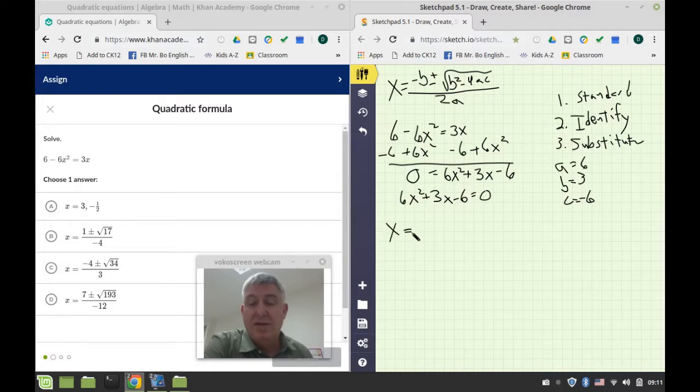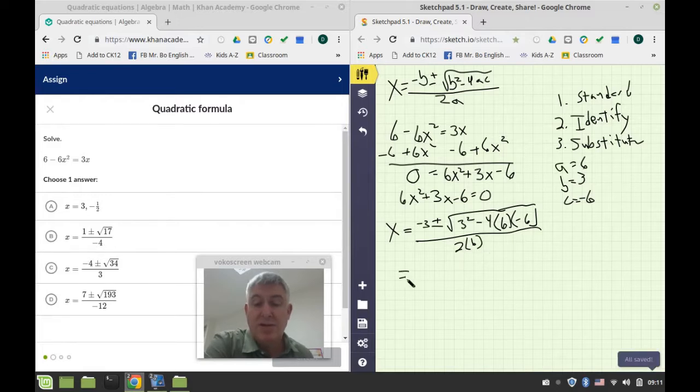We're going to have x equals -b, so -3 plus or minus the square root of 3 squared minus 4 times 6 times -6, all over 2 times 6. Okay, so now I've got -3 plus or minus the square root.